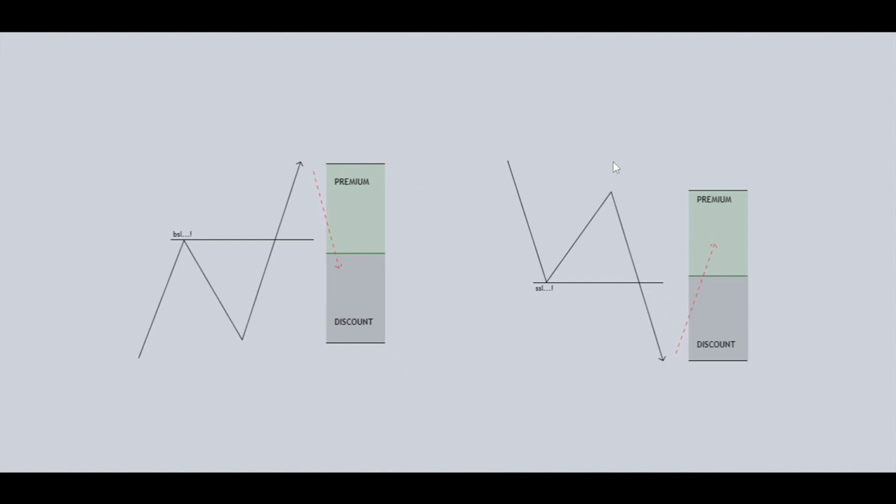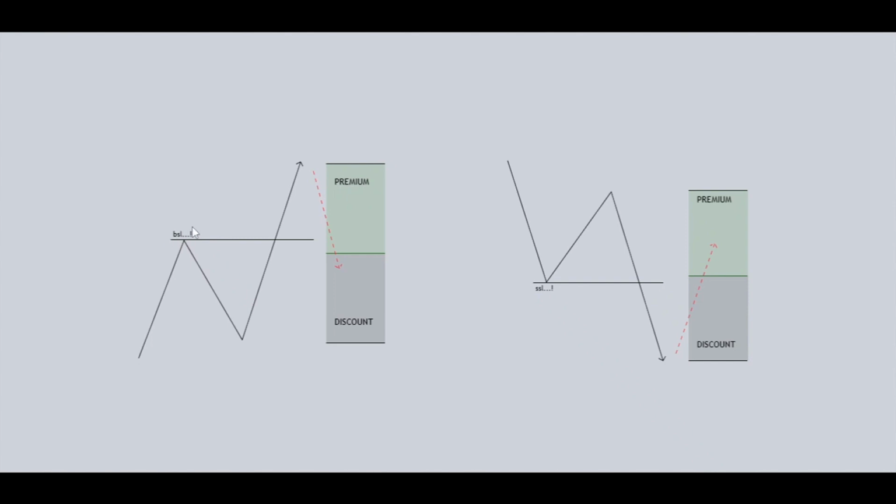Simple as that. Same thing on the bearish side. If we are on a discount, we can't sell something at a cheaper price. We must sell it when it's expensive, so that we can get what? Profit, reasonable profit.